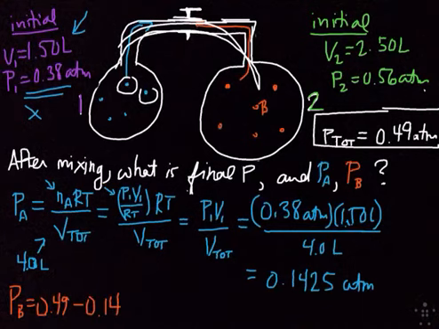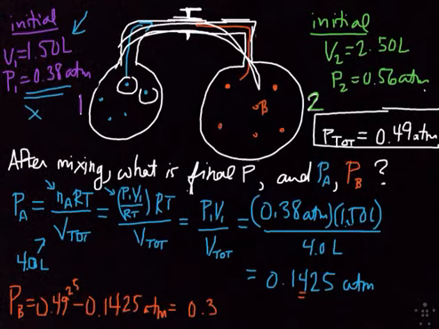And again, my last sig fig is the 4 there. But I'll put all the digits in while I do the calculation. And so 0.4925, actually here. So carrying my numbers from last time, minus 0.1425 is going to give me a PB of 0.35 atmospheres.